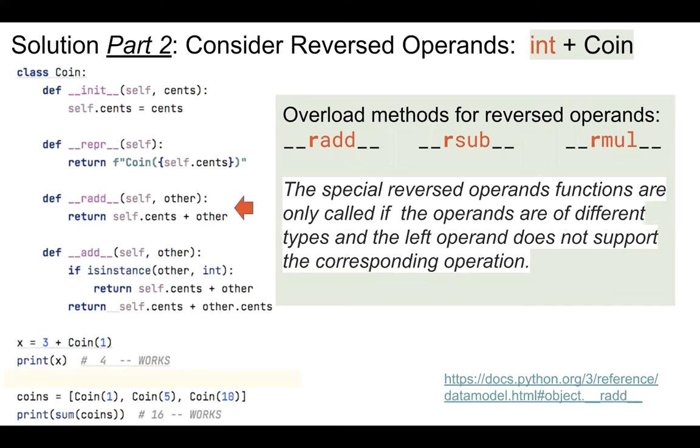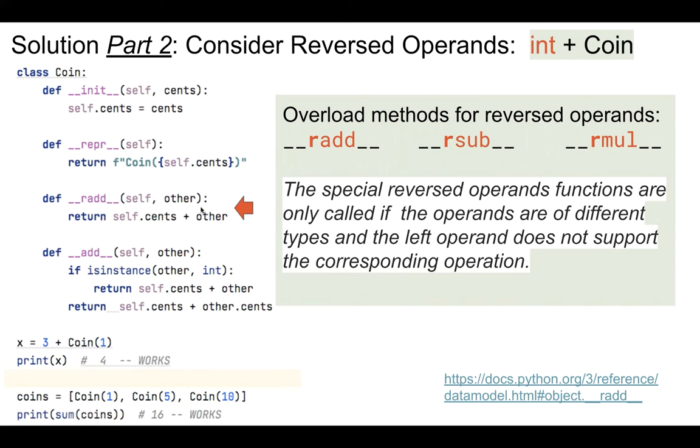Now, what about if you have the operands in reverse. So instead of saying coin plus int, what if it's int plus coin? You want to see if they're in reverse order. So if the left side of the plus sign is an integer, then I'm adding that.